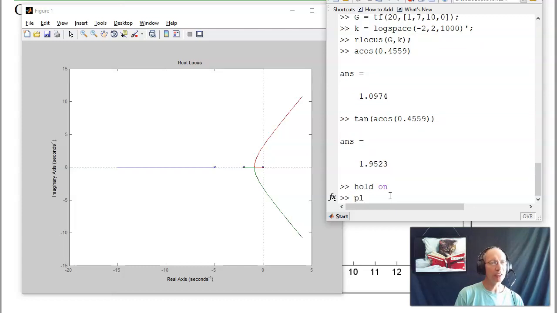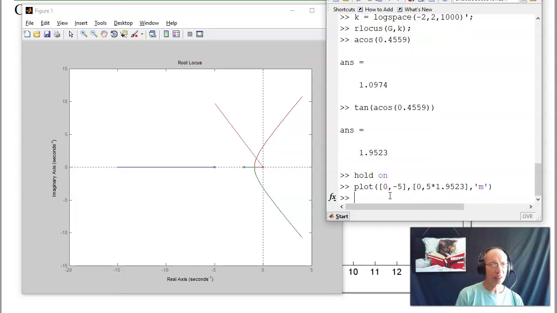That freezes it. Now plot, I'm going to go from the origin to minus 5 on the x-axis, from the origin to 5 times 1.9523. Let's make that in magenta. That drew the damping line.